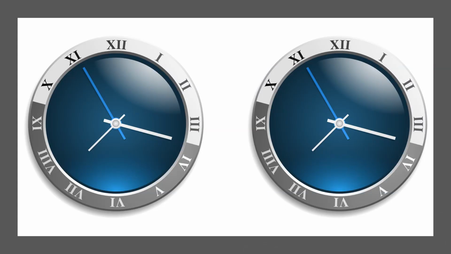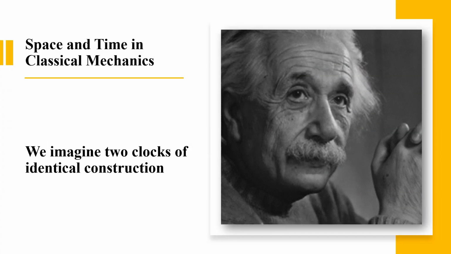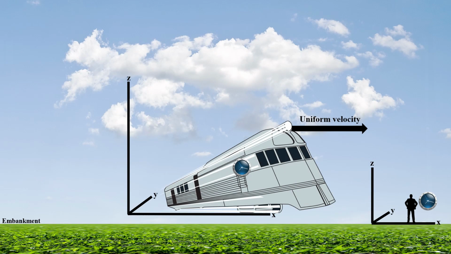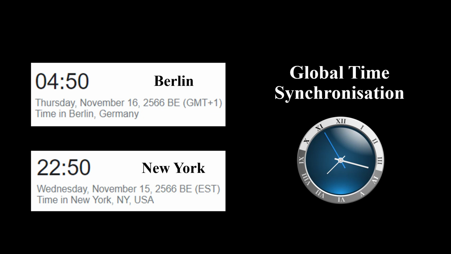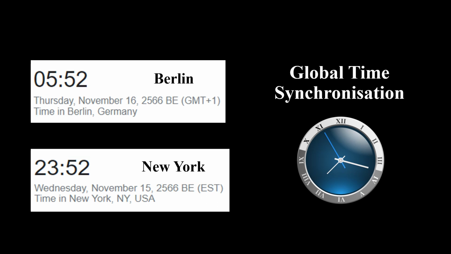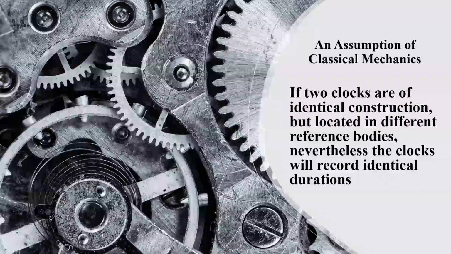Before finishing the explanation of space and time, we need to briefly mention one thing regarding the two clocks and Einstein's stipulation that they are of identical construction, and thus they record identical durations of time, no matter where their location. Now, in everyday life, we are quite used to times being synchronized globally, so that a duration of 1 hour and 2 minutes is exactly the same duration whether the timing devices are located in, for example, Berlin or New York.